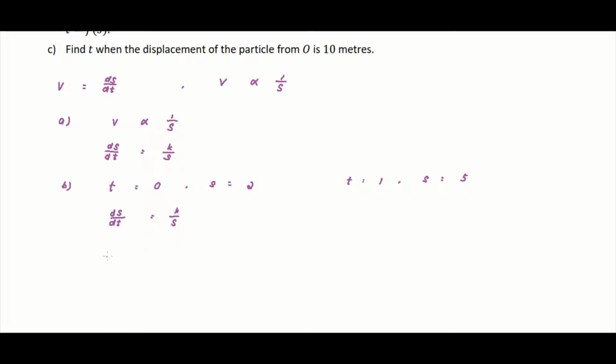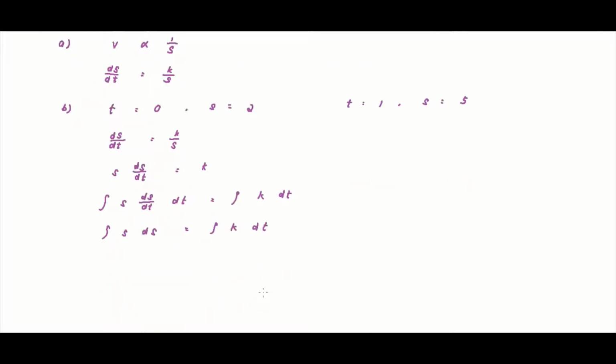We move the s over to the front part, then integrate with respect to t for both sides, and you will be able to get the integral of s ds and the integral of k dt. Okay, so the integral of s ds becomes s squared over 2 equals kt plus c.